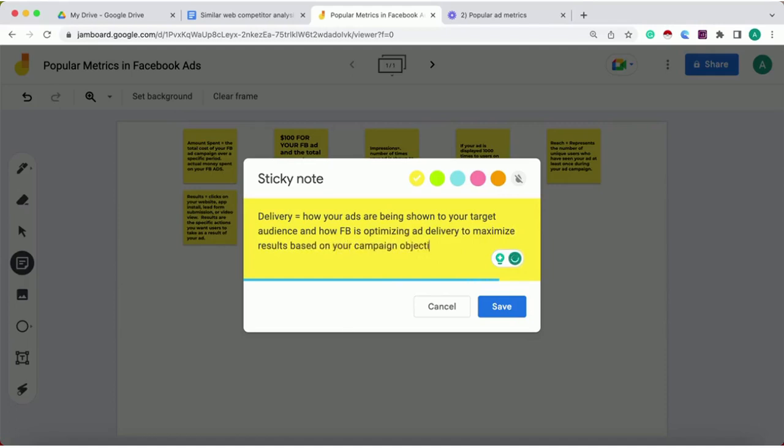So first, delivery is how your ads are being shown to your target audience, and the second point is how Facebook is optimizing your ad delivery to maximize results based on your campaign objective.